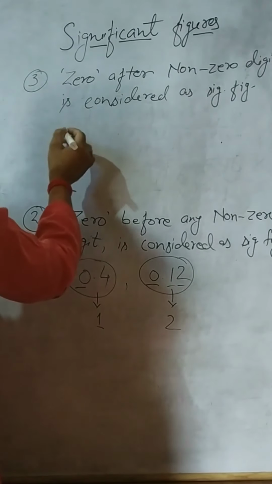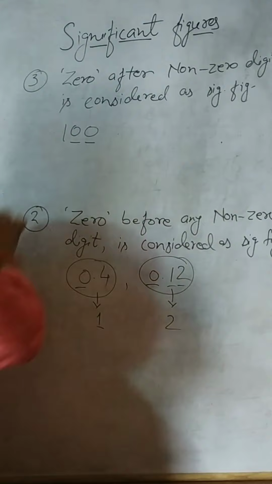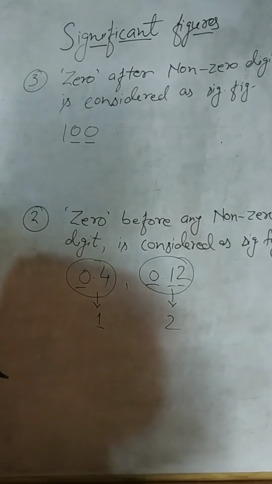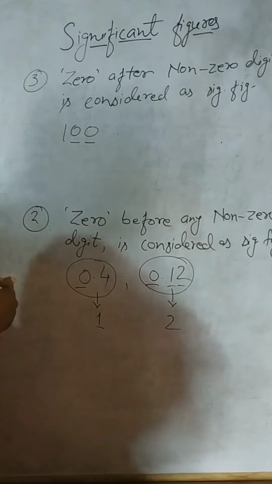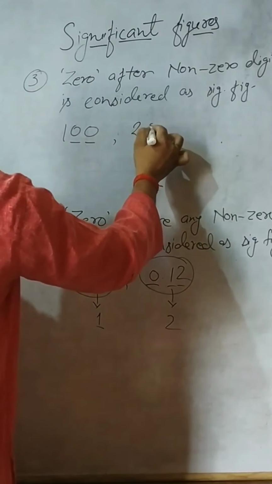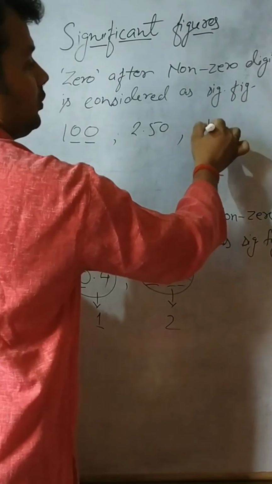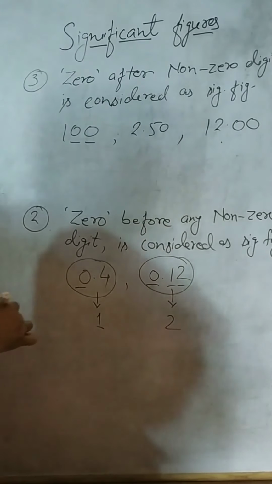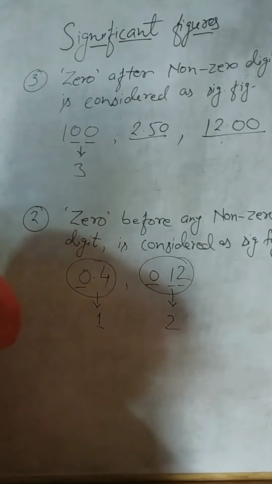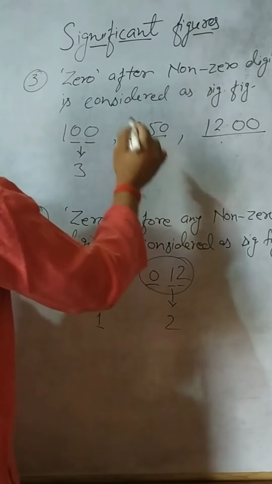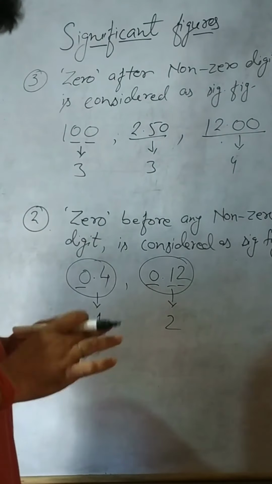For example, if we take 100, these 2 zeros are now considered because they are after, or to the right of, the non-zero digit 1. Similarly, 2.50 is considered as significant figures. Or 12.00: here the significant figures are 3, here again 3, and here 4, right? All the zeros will be considered as significant digits.